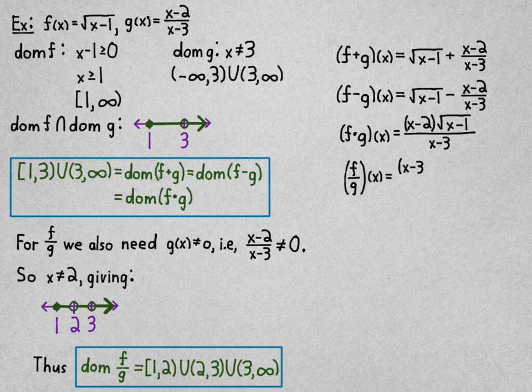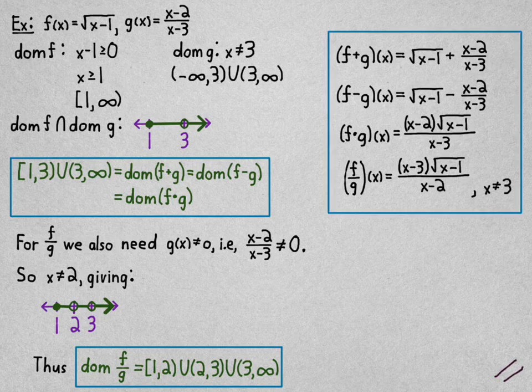And then for f divided by g of x, I take the reciprocal of g of x and multiply it by the square root of x minus 1. So I get, in parentheses, x minus 3 times square root of x minus 1 over x minus 2.